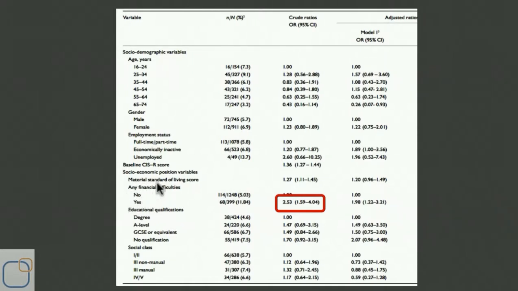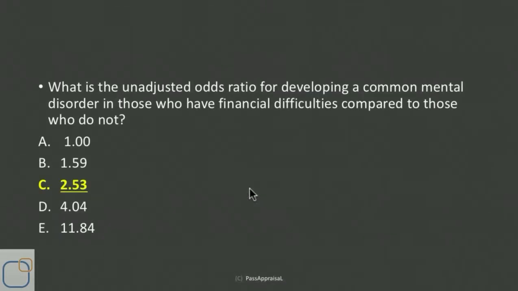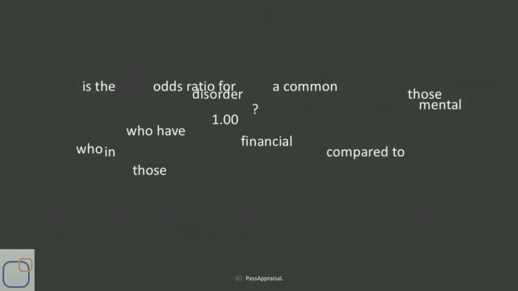It's here. Can you see that? Any financial difficulties? No, and then yes. So people who have financial difficulties is yes, and you see a crude ratio of 2.53, and that varies between 1.59 and 4.04. So that's the unadjusted crude odds ratio, and that's 2.53 for people who have financial difficulties compared to people who do not.